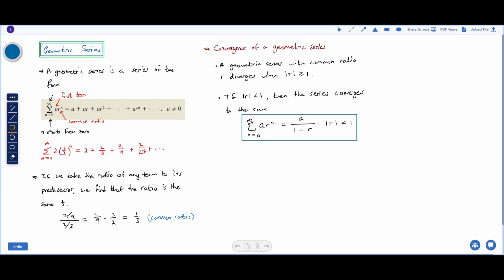All right, so if it's a geometric series, then it converges if the magnitude of r is less than 1.